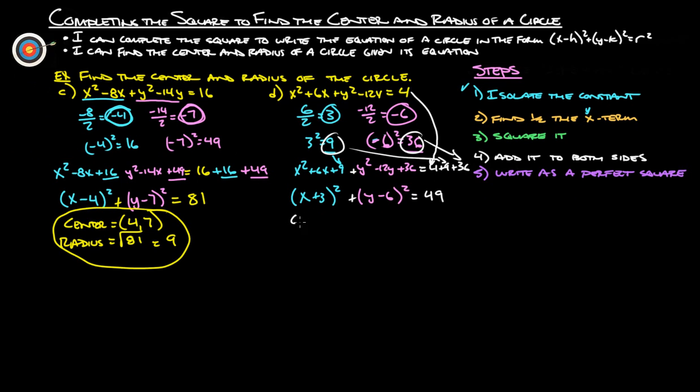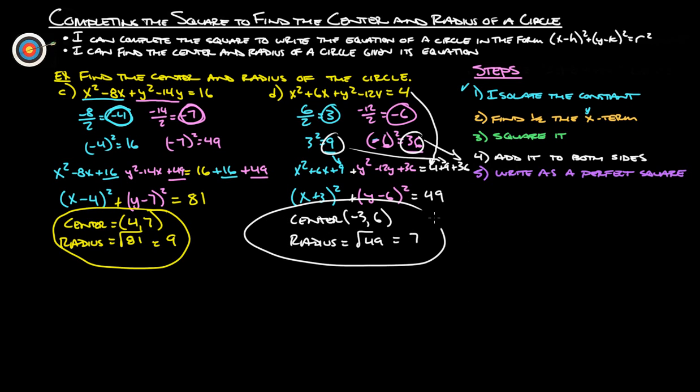So then the center is, the opposite of 3 is negative 3, the opposite of negative 6 is positive 6. And then the radius is the square root of 49, which is 7. So the center is at negative 3, 6, and the radius is 7. If you have any further questions on this, please feel free to ask. Thanks.